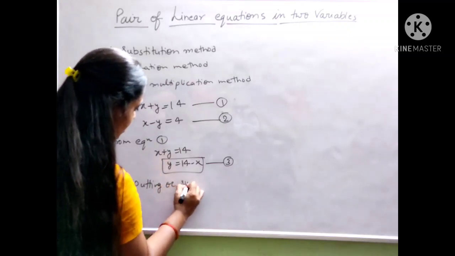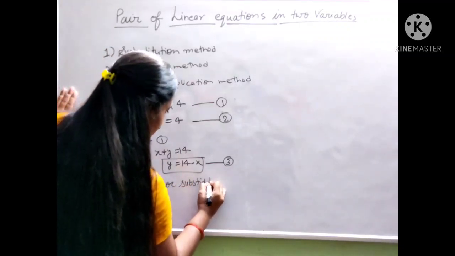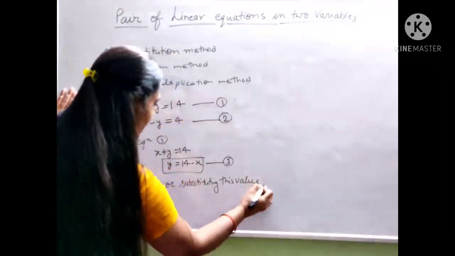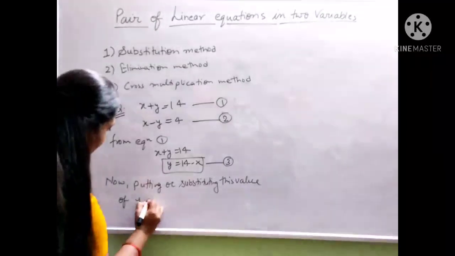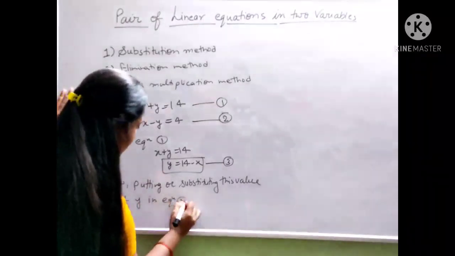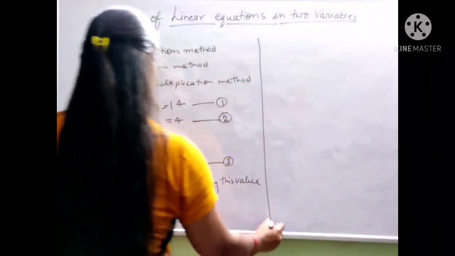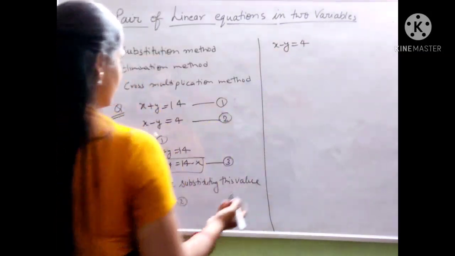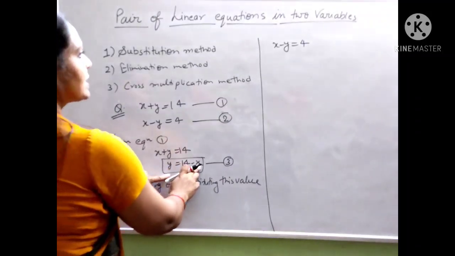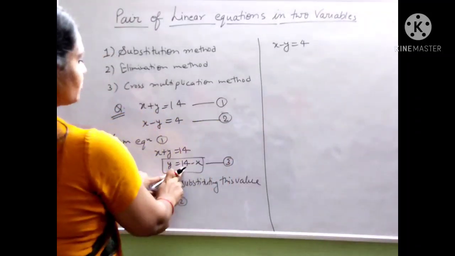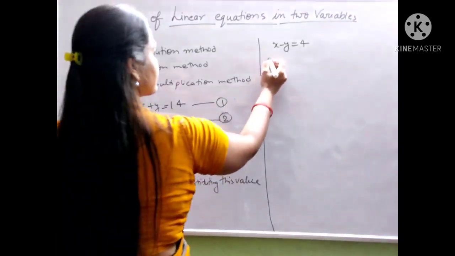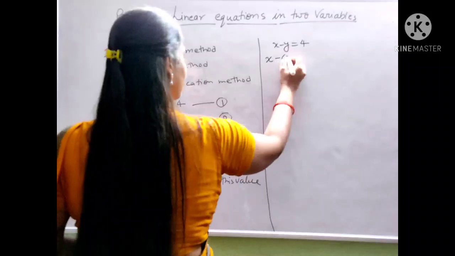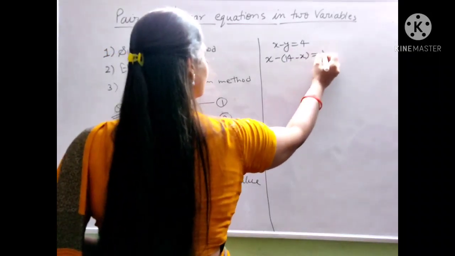Now substituting this value of y in equation 2. Equation 2 is x minus y is equal to 4. Y we have 14 minus x. So in place of y we have to put 14 minus x. x same as it is, and in place of y we have to write 14 minus x, is equal to 4.